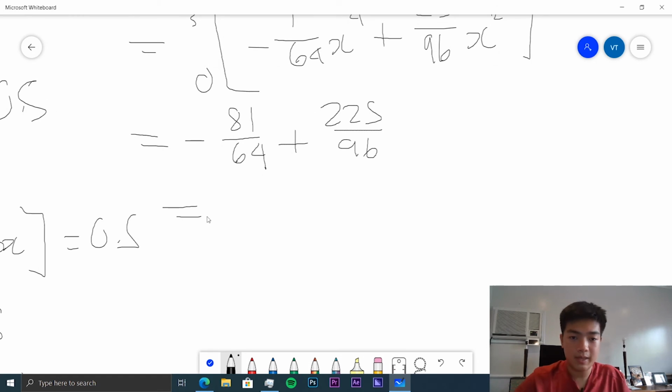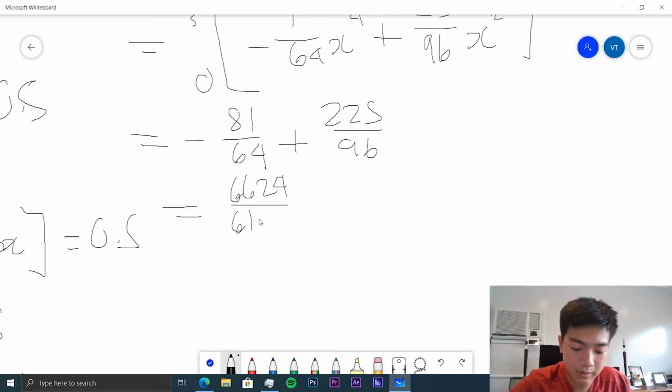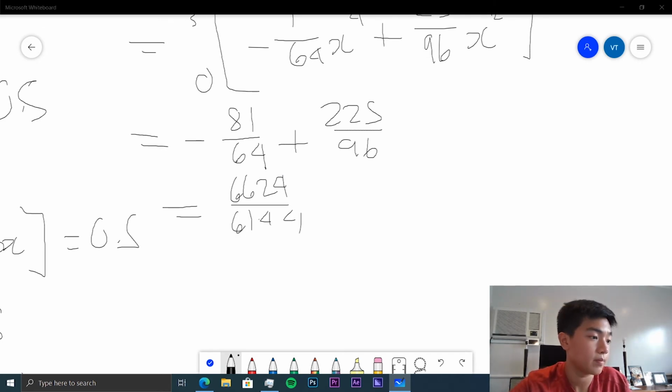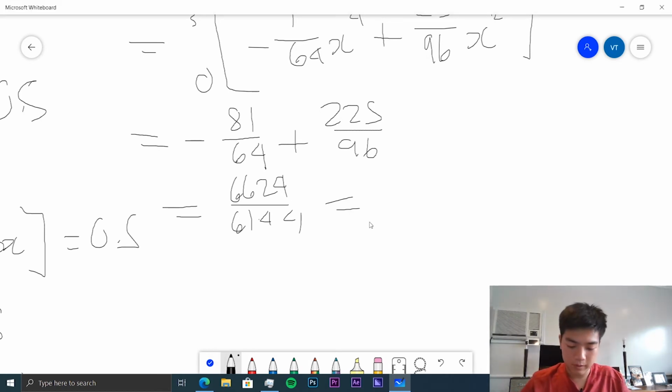So if we cross multiply, this is 81 times 96. So 225 times 64 minus 81 times 96. So this should be 6624 divided by 64 times 96, which is 6144. So these are both divisible by 4, so divide by 4. 1536 over 6624 divided by 4, 1656, and both still divisible by 4.